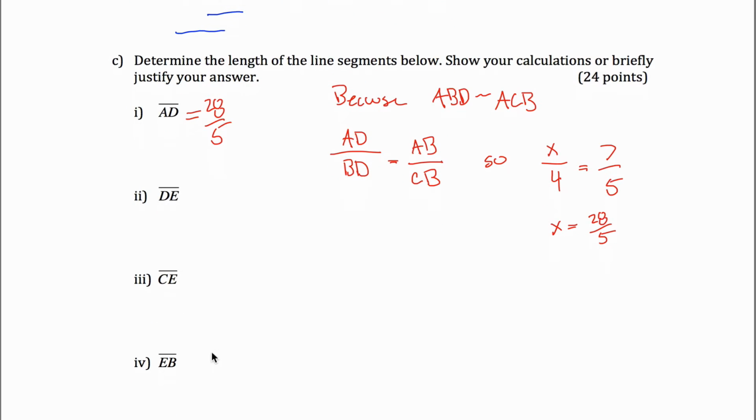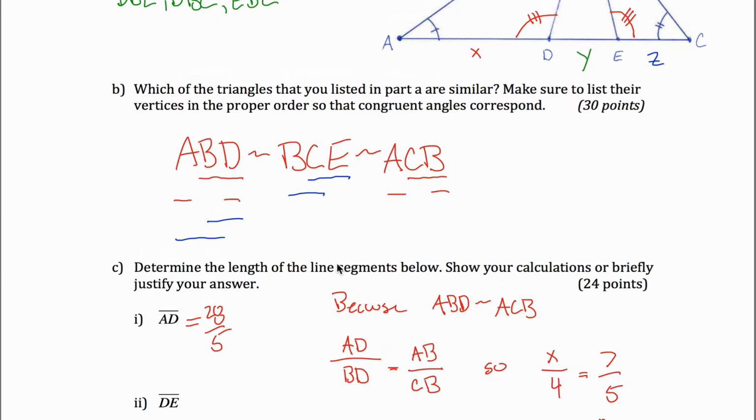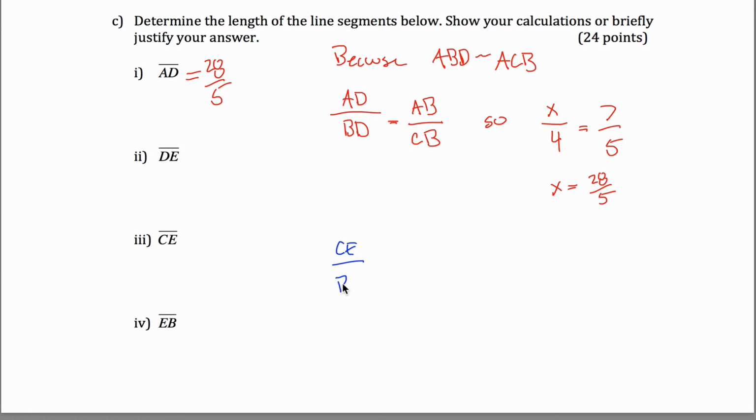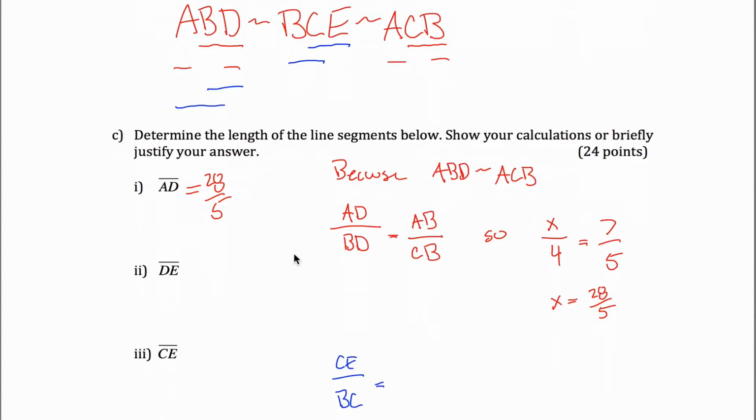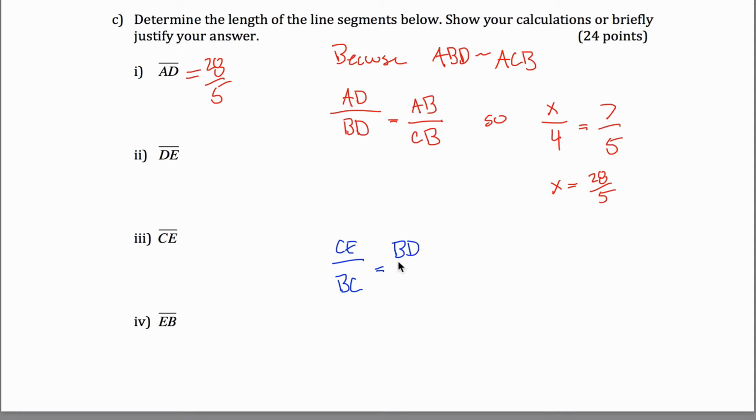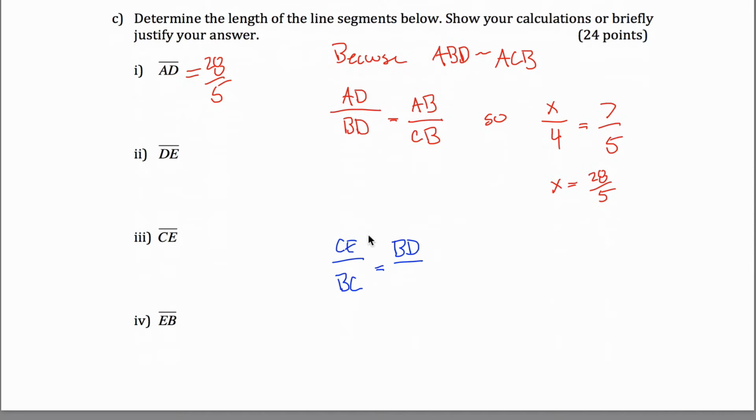CE here. And so I could say that length CE, let's do it like I did before, CE divided by BC has got to be equal to BD divided by AB.